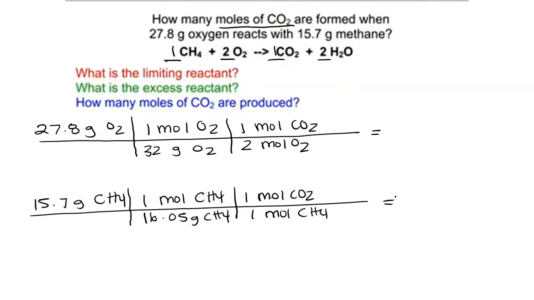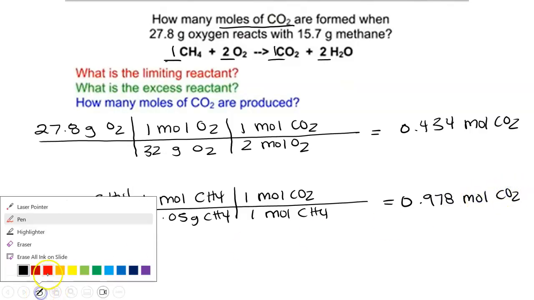I'll start by calculating the top one, 27.8 divided by 32, also divide by 2. I'm going to keep 3 sig figs for 0.434 moles of CO2. For the bottom, 15.7 divided by 16.05. And then the ones don't really change anything, so that's going to come out to 0.978 moles of CO2.